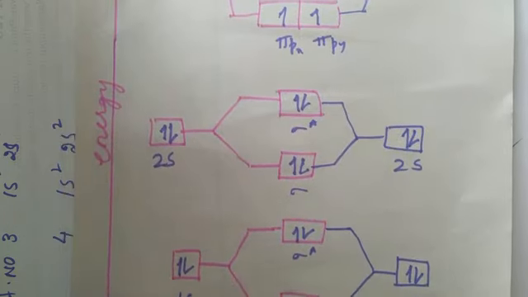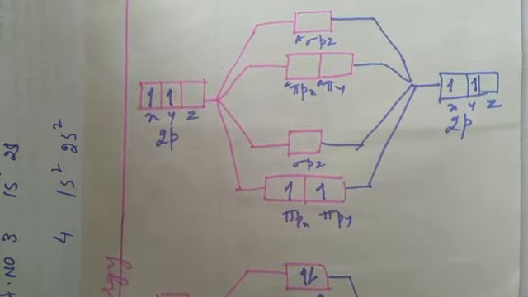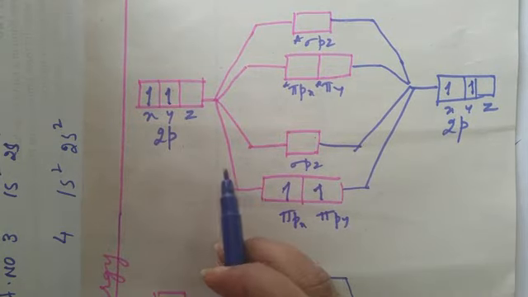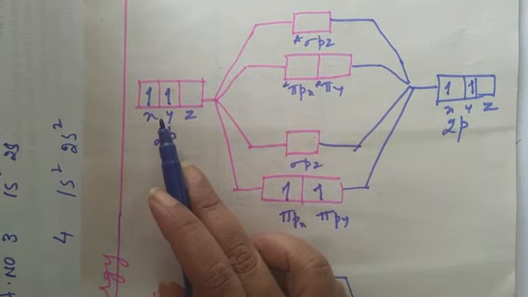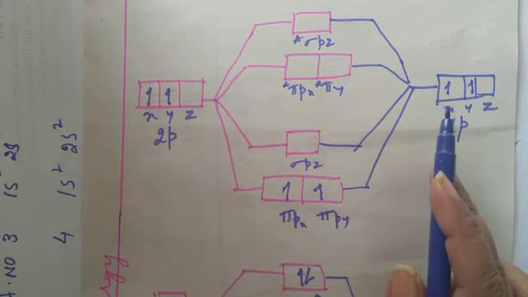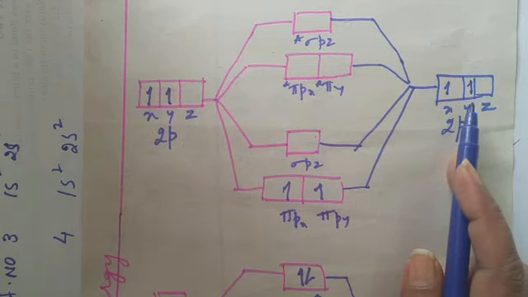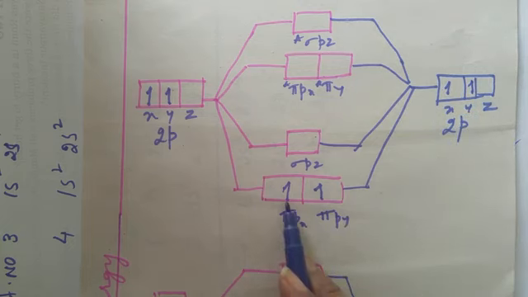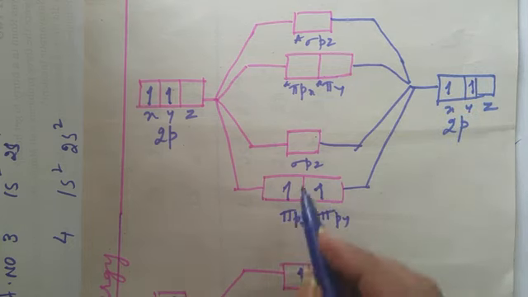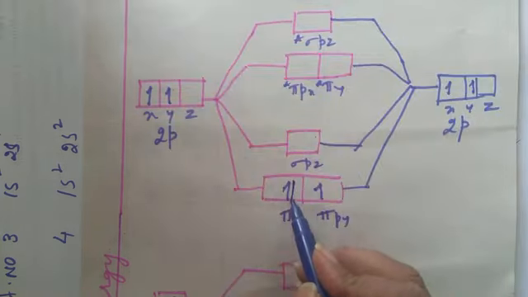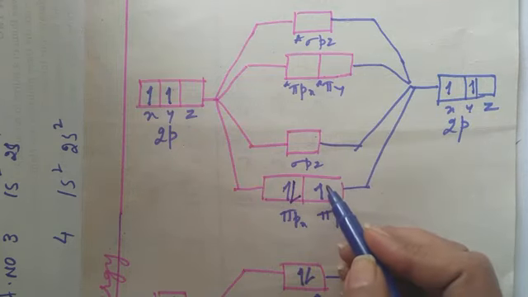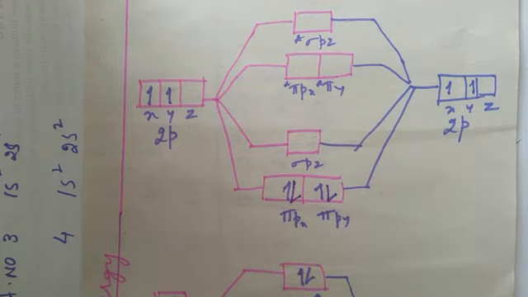So 1s and 2s are completely filled. 2px, 2py: how many electrons are here? 2. Here, how many are there? 2, altogether 4. Initially they will get filled singly and then pairing takes place. So the third electron and the fourth electron.